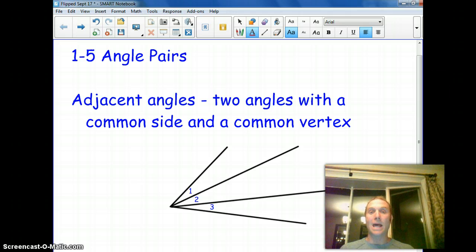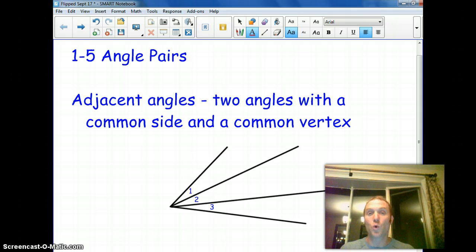So 1-5, we're talking about angle pairs. Again, all angles in twos. So the first set is adjacent angles. And as you see on the screen, adjacent angles are two angles with a common side and a common vertex. So the picture that is drawn below has three different angles, 1, 2, and 3.